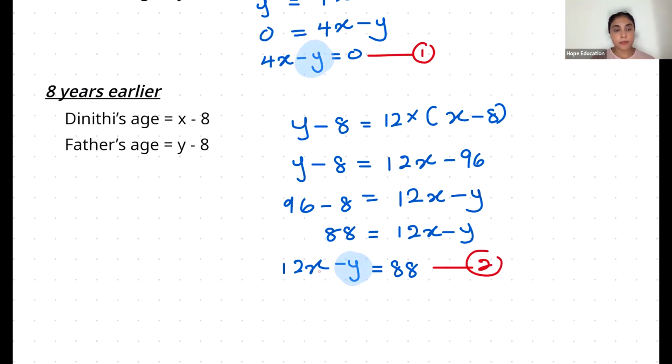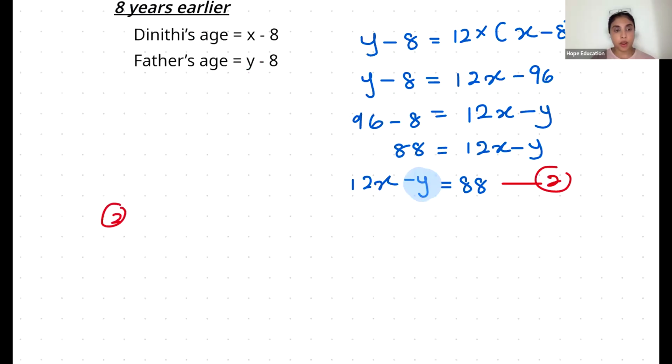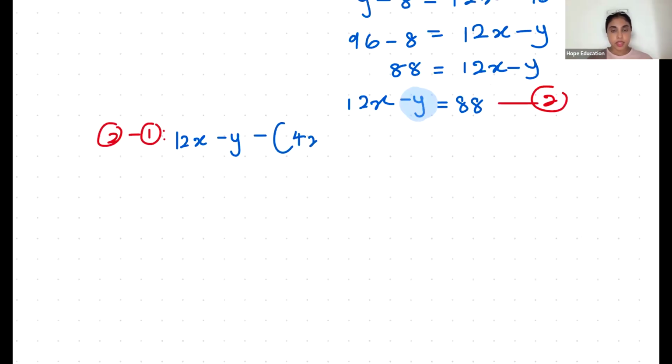So equation number 2 minus equation number 1. On the left side, equation number 2, we have 12x minus y. Then subtract equation number 1, we have 4x minus y, equals 88 minus 0.